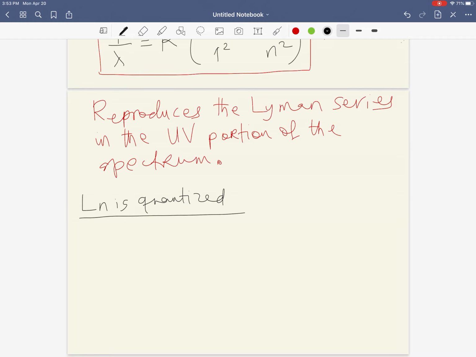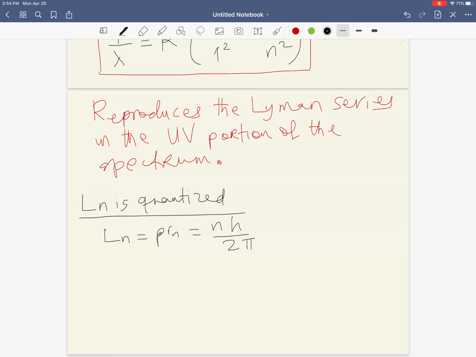And here's a plausible explanation for why this works. The angular momentum, which is p times Rn, m v times Rn, is n h bar, h divided by 2 pi.